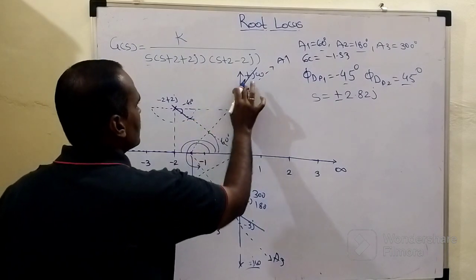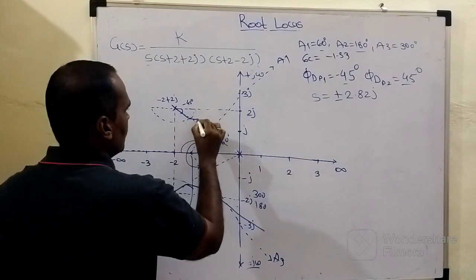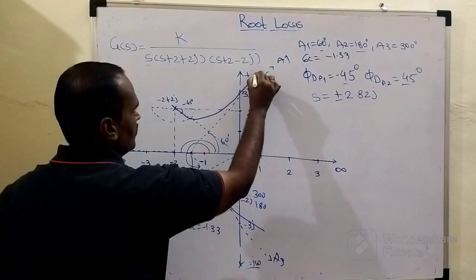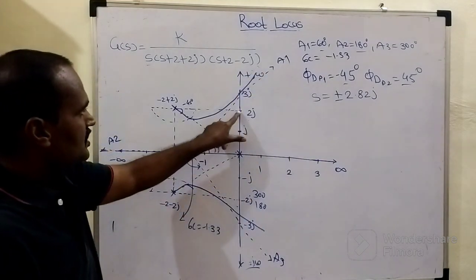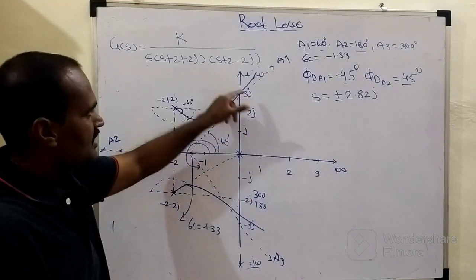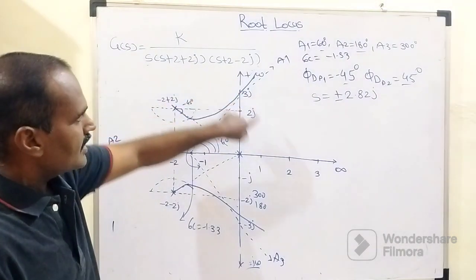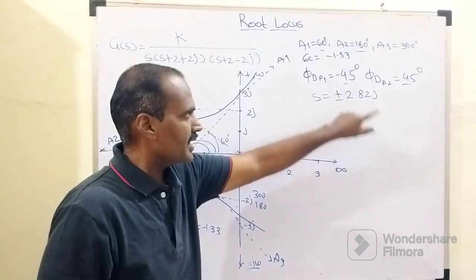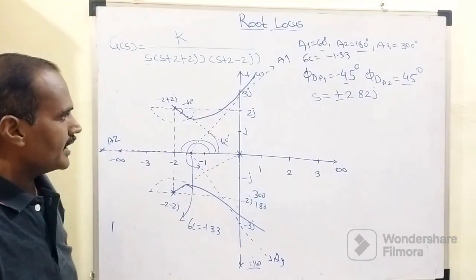Here also the intersection point is how much? It will be up to this point, this is 2j, and up to this point 3j. So below this 3j, the intersection point is how much? Plus and minus 2.82j, right?